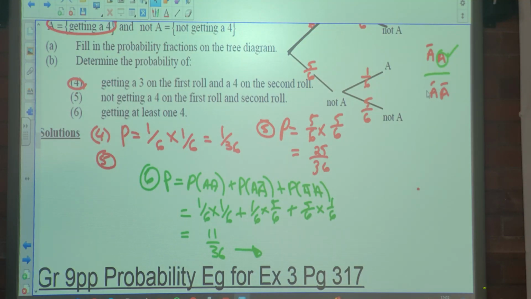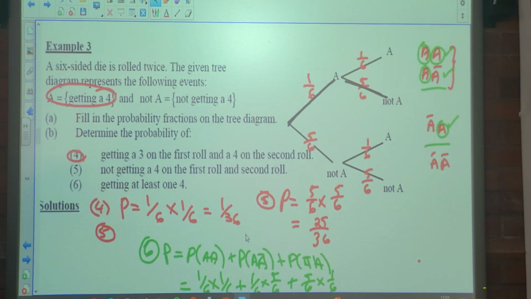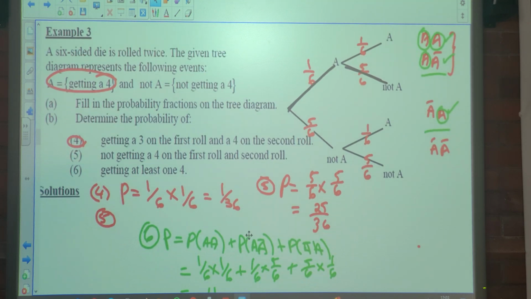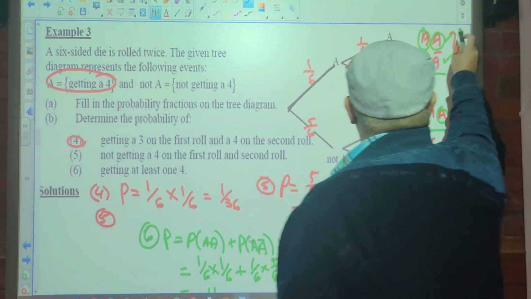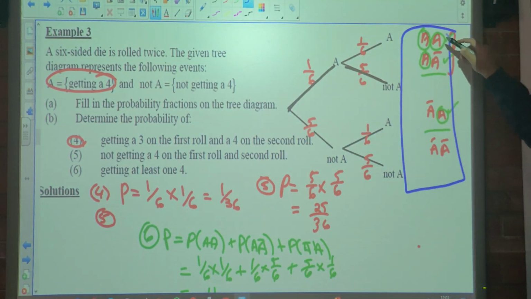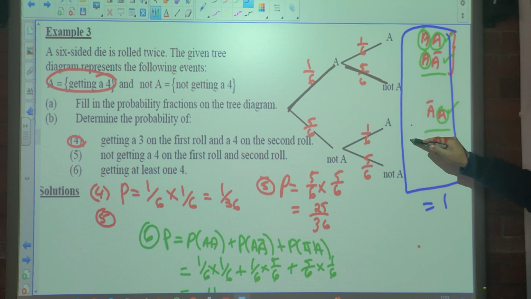The probability of getting 2 non-4s is 25 over 36. Not so? And what is 25 over 36 plus 11 over 36? Which is also 1. So when we add up all those probabilities here, that also adds up to 1. Fascinating.